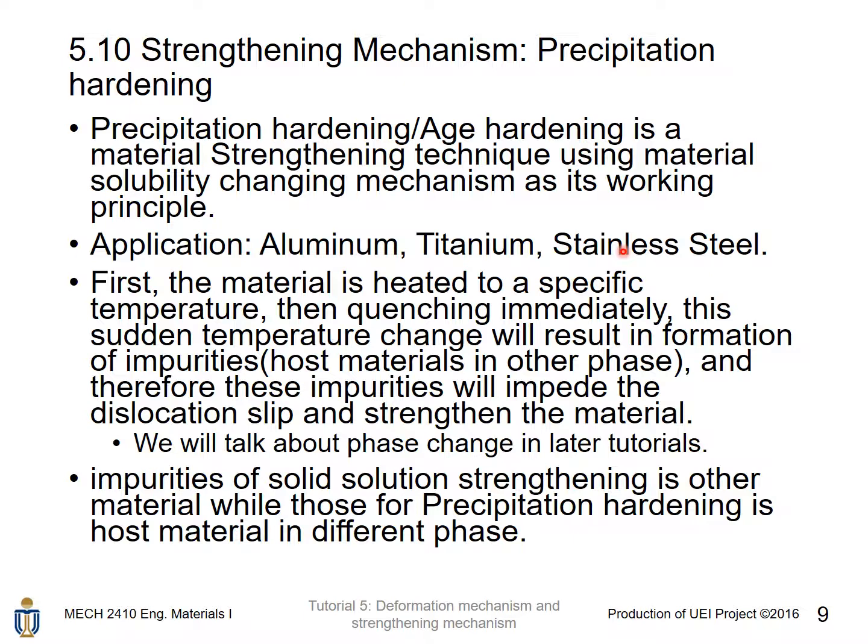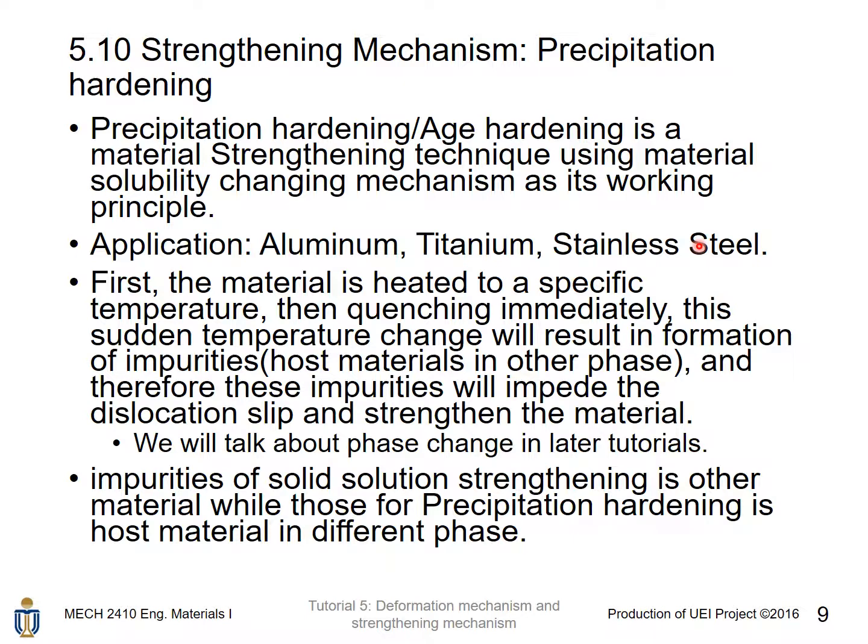Precipitation hardening. Precipitation hardening, or age hardening, is a material strengthening technique using the material solubility changing mechanism as its working principle. There are some applications of this mechanism, such as aluminium, titanium, and steel. First, the material will be heated to a specific temperature, then it will be quenched immediately.